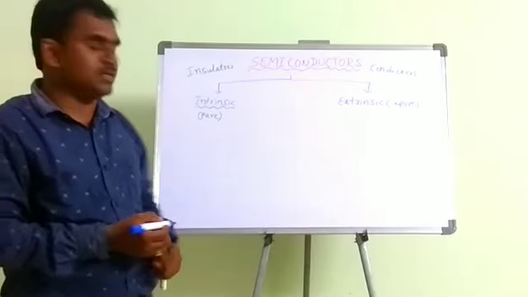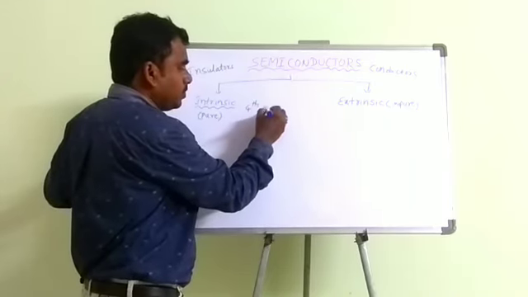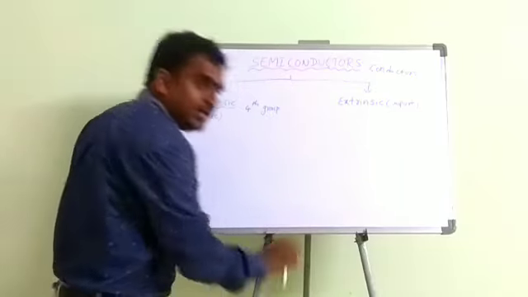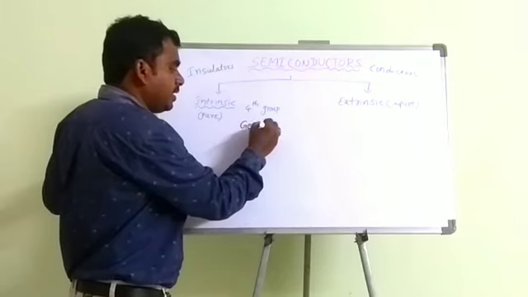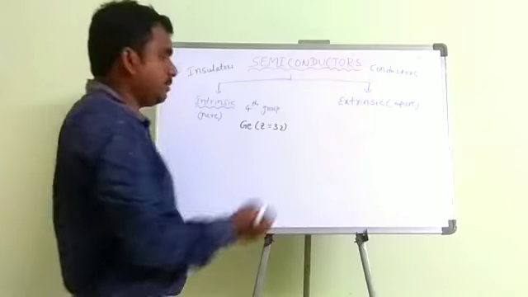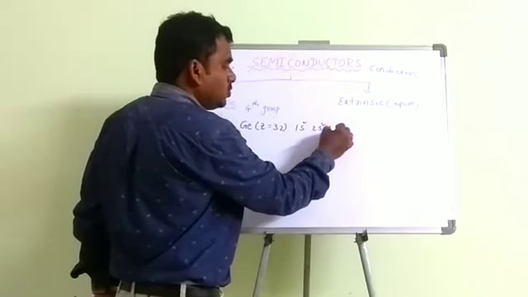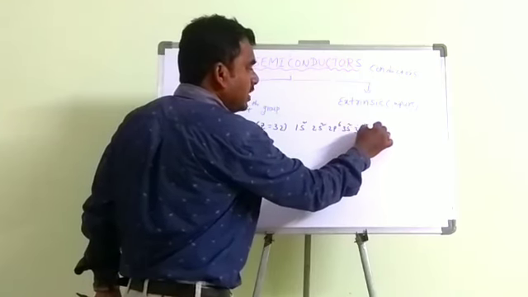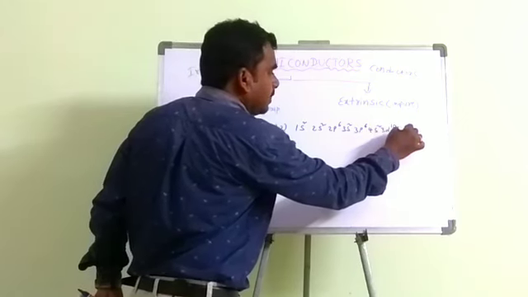Intrinsic semiconductors in our periodic table belong to the fourth group. For example, if we take germanium, the atomic number of germanium is 32. That means the electronic configuration is 1s2, 2s2, 2p6, 3s2, 3p6, 4s2, 3d10, and 4p2.